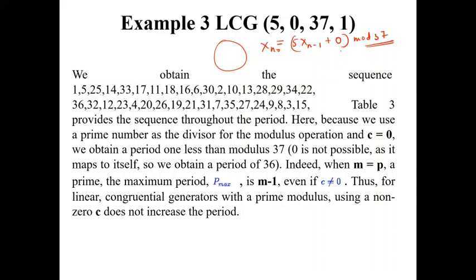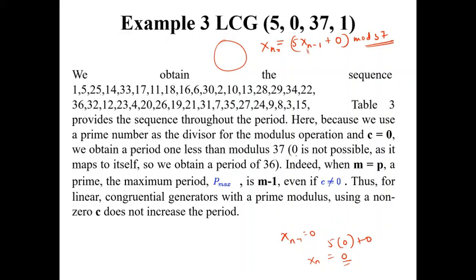Okay. 0 cannot be used here because it will map to itself. That means if I have xn minus 1 as 0, then I'll have 5 into 0 plus 0. The next number I can't generate. It will always remain a 0. So I can't start with xn minus 1 as 0.